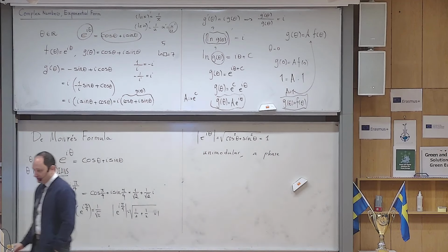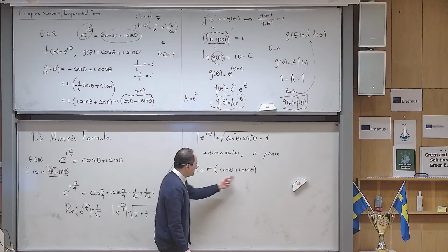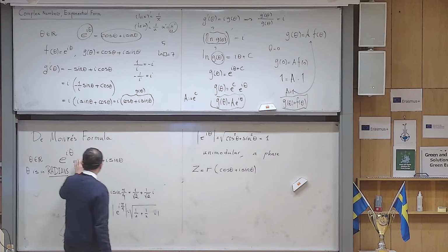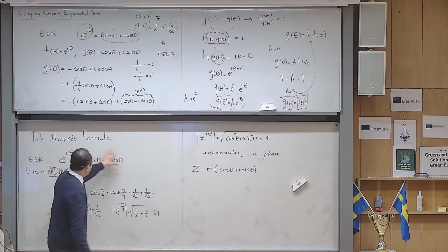So if I give you a complex number in the polar form, it is r cosine theta plus i sine theta, yes? This number is the absolute value of the complex number, and this number is the argument. But because of the De Moivre formula, this expression can be written compactly in this form. So if I replace that, this becomes z equals r e to power i theta.